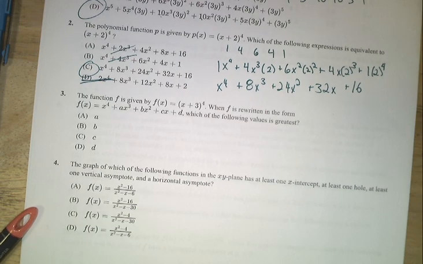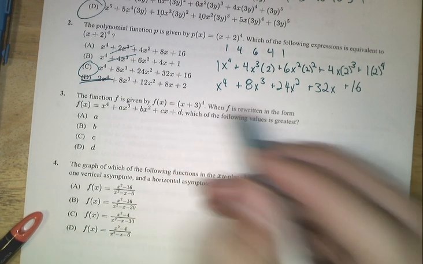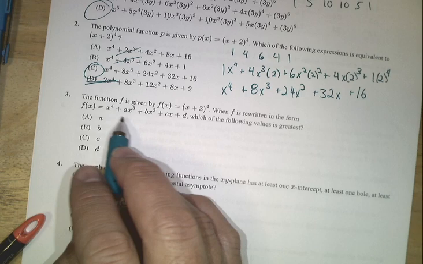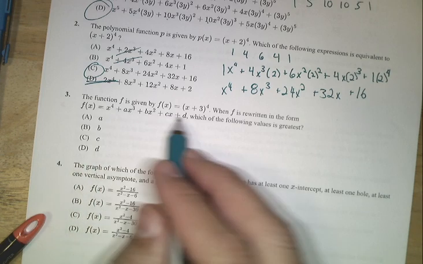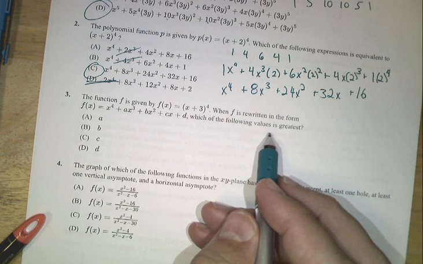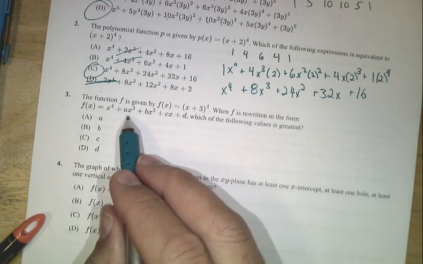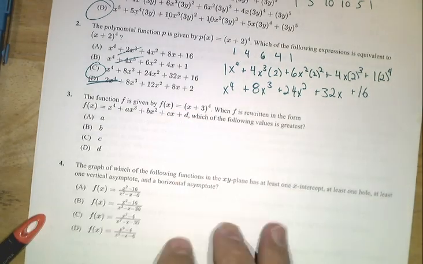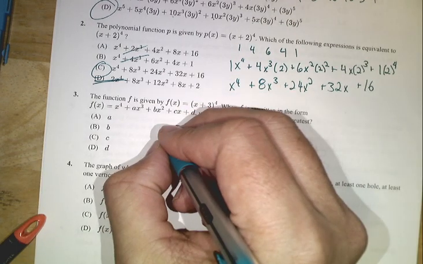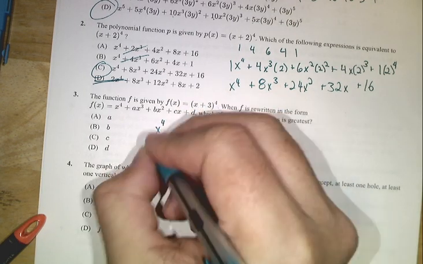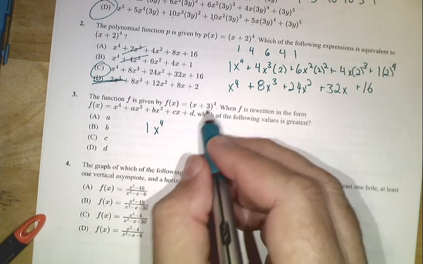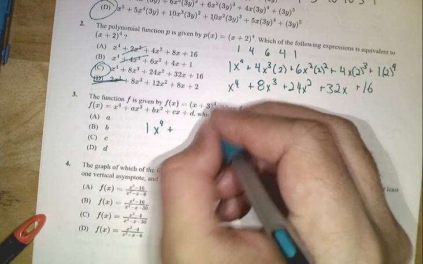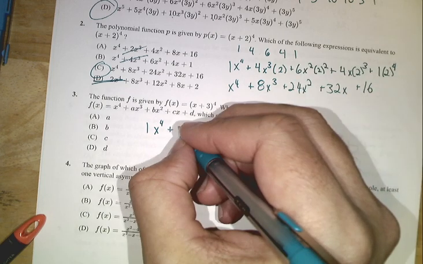The function f is given by f of x equals x plus 3 to the fourth. When f is rewritten in the form x to the fourth plus a x to the third plus b x squared, and so on, which of the following values is the greatest? So we need to expand it and simplify. It's supposed to be 1x to the fourth times 3 to the 0th, plus, this is the fourth row, so we're going to use 1, 4, 6, 4, 1 again.